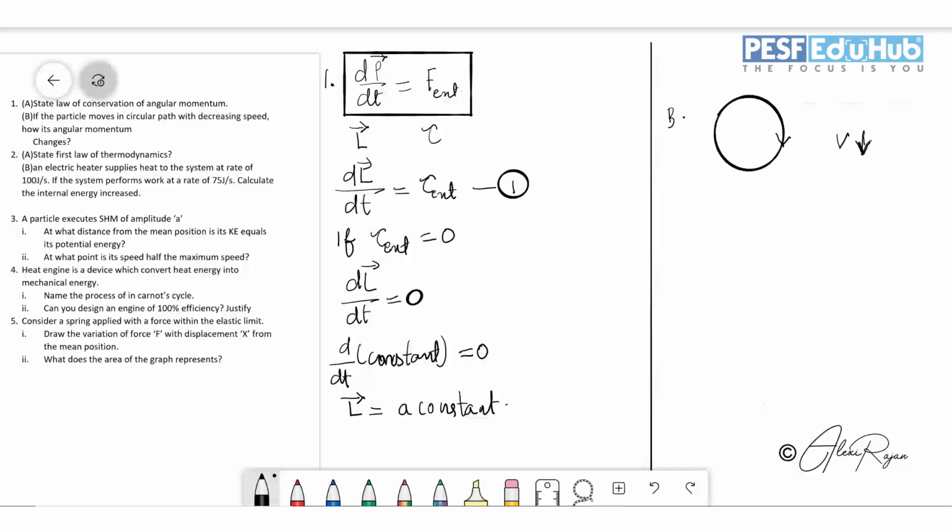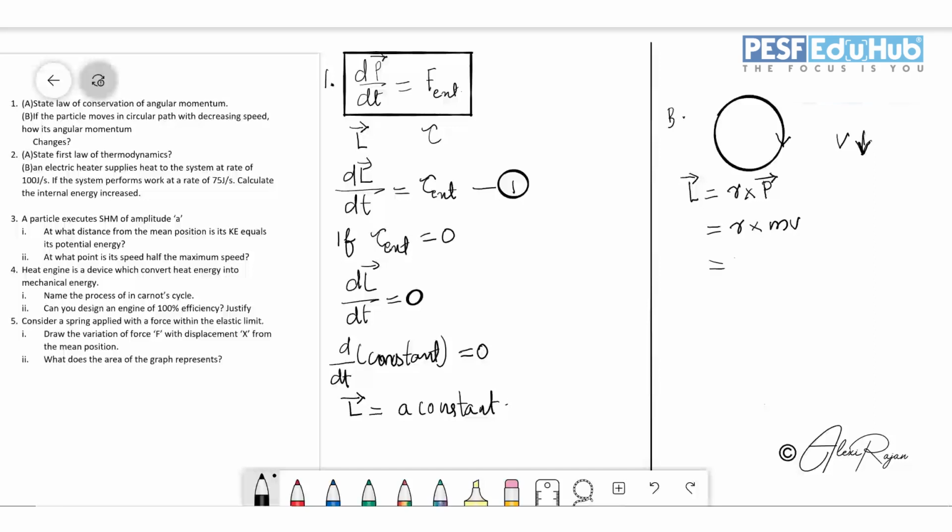Now, how does its angular momentum change? You all know that angular momentum is equal to R cross P. P is a linear momentum, so R cross mv, where P is linear momentum, given by mass into velocity.